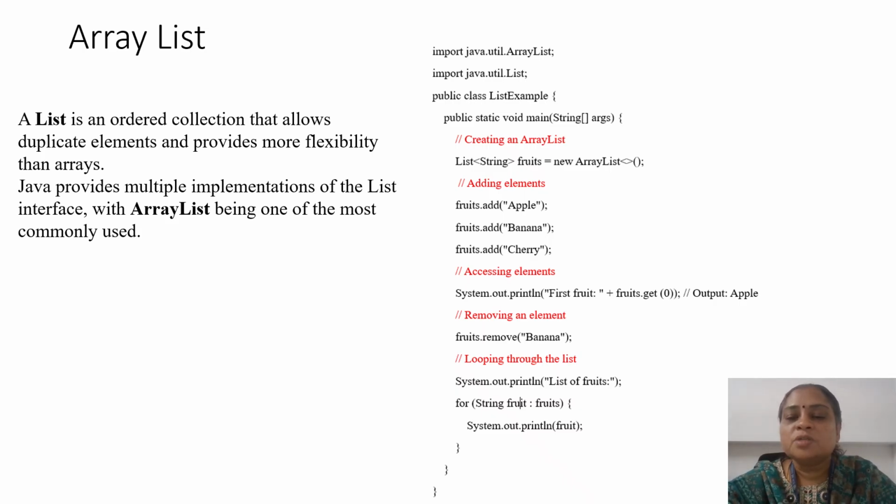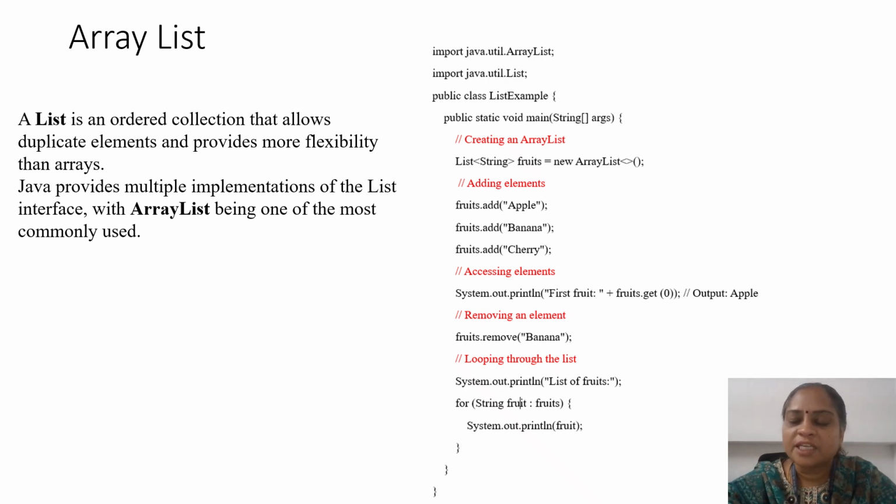And next I am using fruits.remove of banana. Remove is the method present in ArrayList. If you want to remove an element, you use the ArrayList name dot remove. Okay. And next, if you want to loop through the list, you can also do that. System.out.println of each element of the list of fruits.